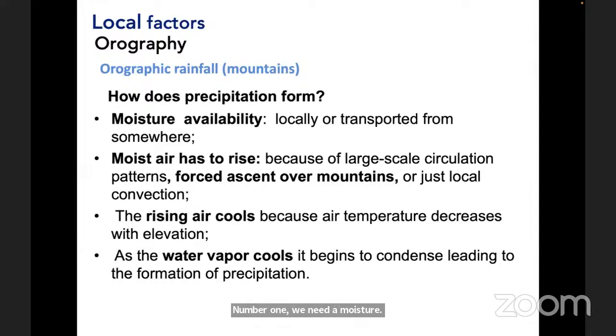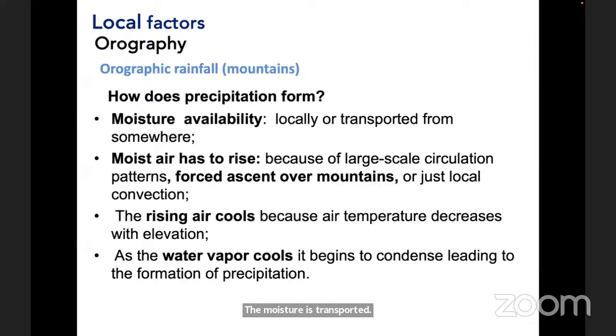Normally that moisture comes in the form of water vapor, and that water vapor normally comes from somewhere. So moisture availability is the main thing. Locally, areas like Lake Victoria can provide local moisture, but in many cases the moisture is transported from the oceans.